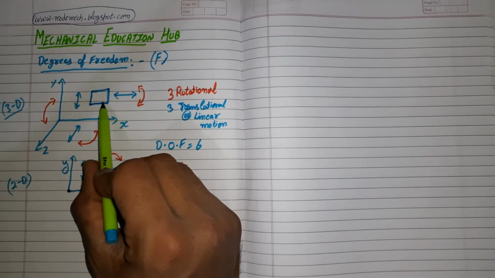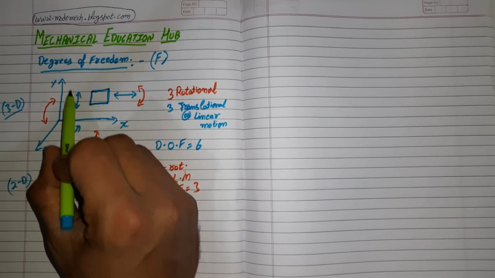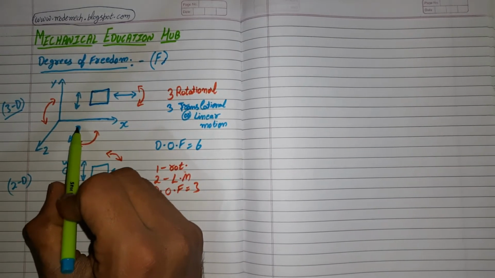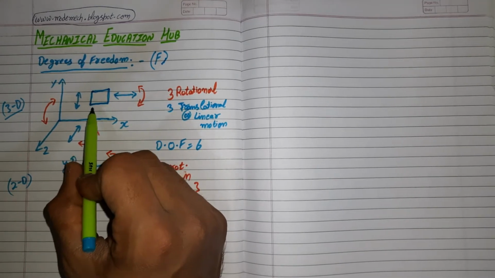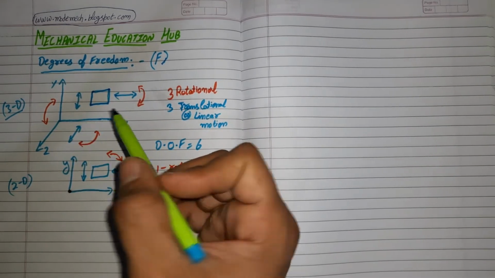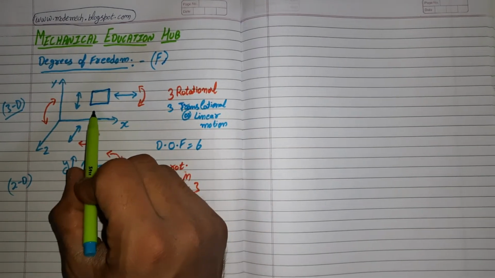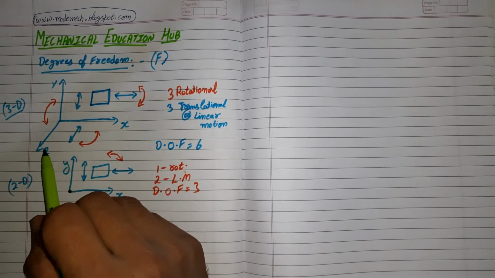That means this object has linear motion in x-axis, similarly in y-axis, and similarly in z-axis. So in 3D space, the maximum possible linear motion of this object is 3 about x, y, and z axis.